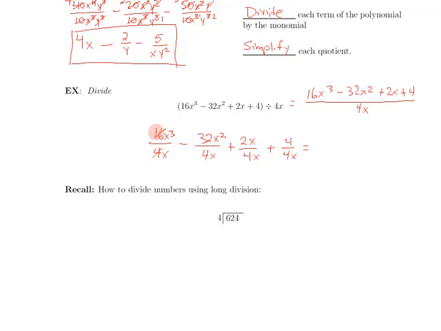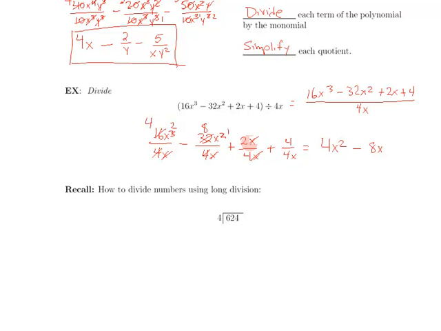Pull 4 out of the numerator and denominator. Well, with 4, x comes out leaving x squared, so 4x squared is my first term. My second term now will be minus, and 4 goes into 32 8 times. X goes into x squared, x to the first time, so minus 8x to the first.